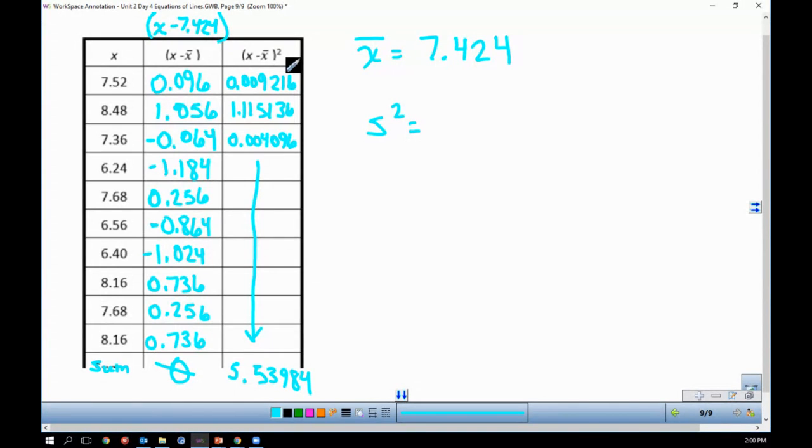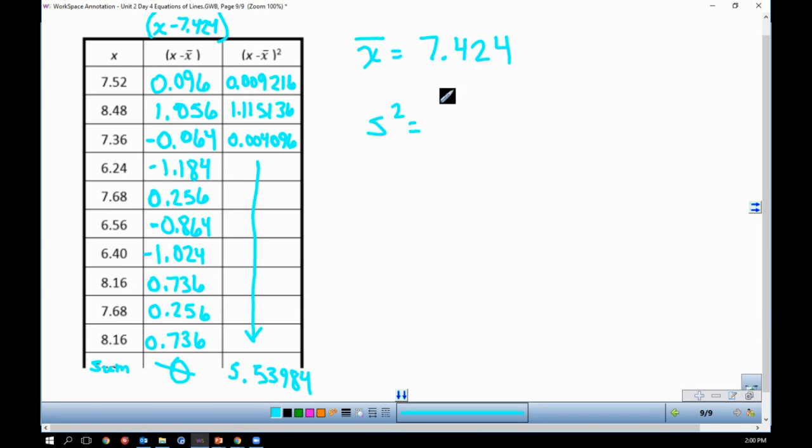And then in the last column, you square everything in the middle column.